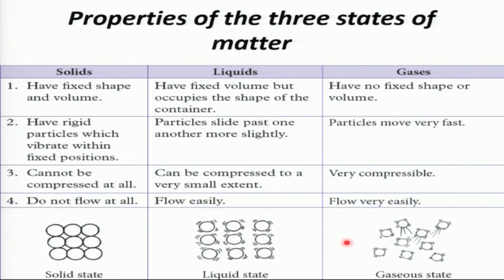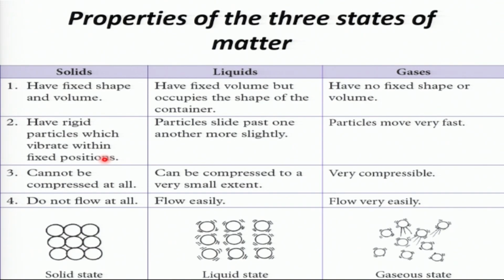What is the next thing? The next thing is to look at those three states and their properties. What are the properties of the three states of matter? We have given examples of the solid, liquid, and gaseous states. Now we are going to compare their properties.